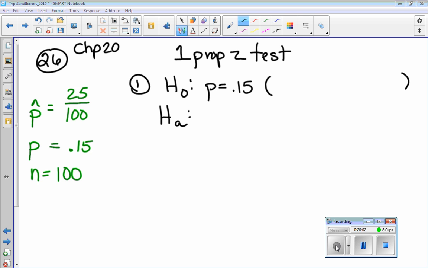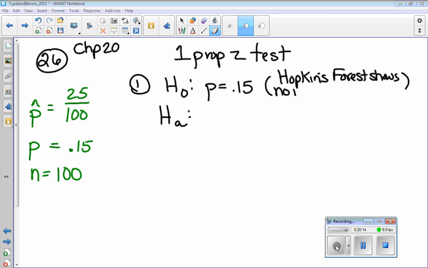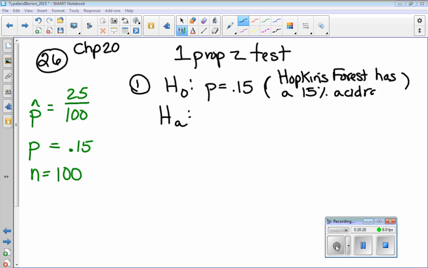So that's why I'm going to write it here. Our sample, Hopkins Forest, shows no difference. Rather than that, I'll say Hopkins Forest has a 15% acid rain damage, whatever.